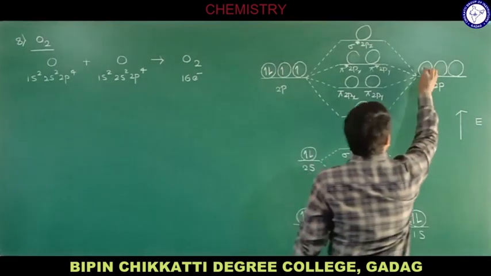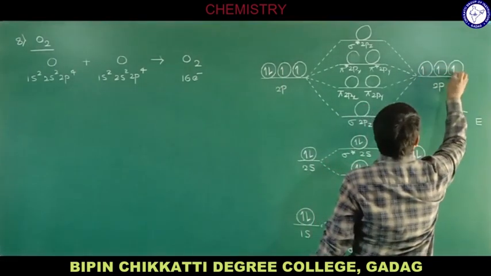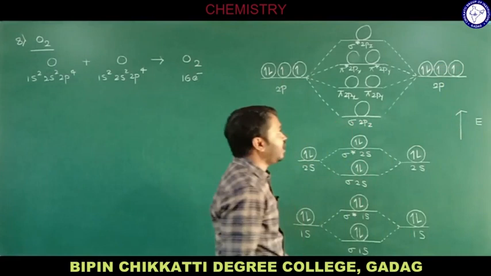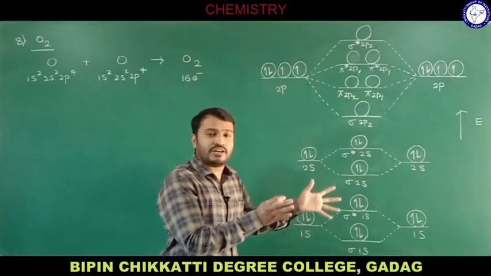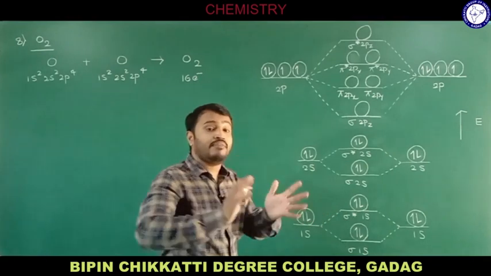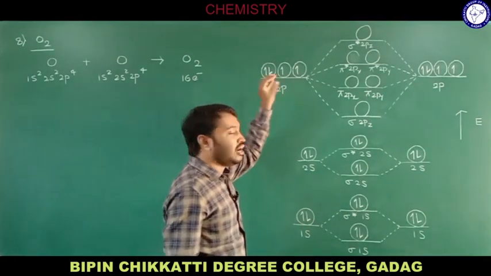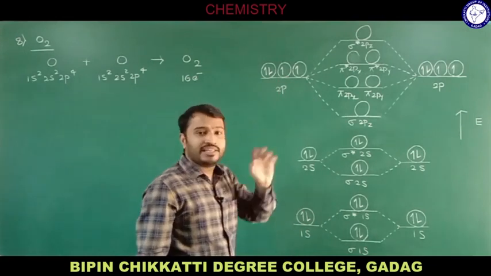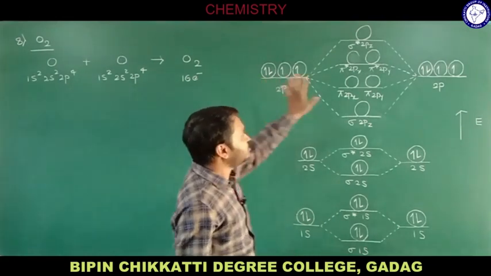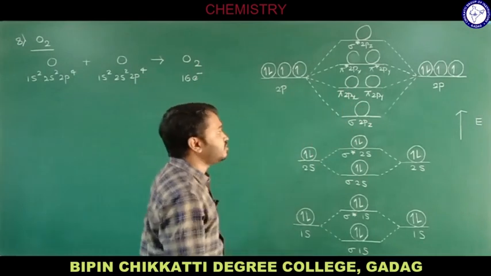Similarly according to Hund's rule, 1, 2, 3 and 4 I am going to write. But remember, Hund's rule is going to be applied for such atomic orbitals which have the same energy. So all these are 2p atomic orbitals with the same energy, therefore I am going to apply Hund's rule. Okay, so 4 electrons, totally 8 electrons have to be distributed.